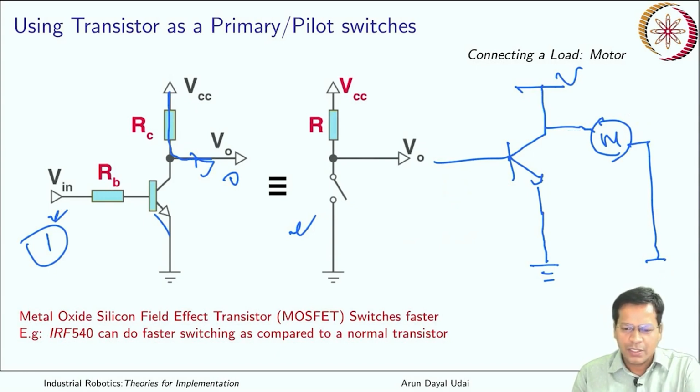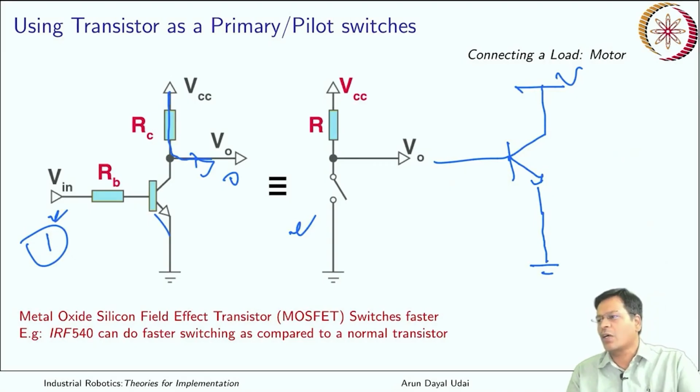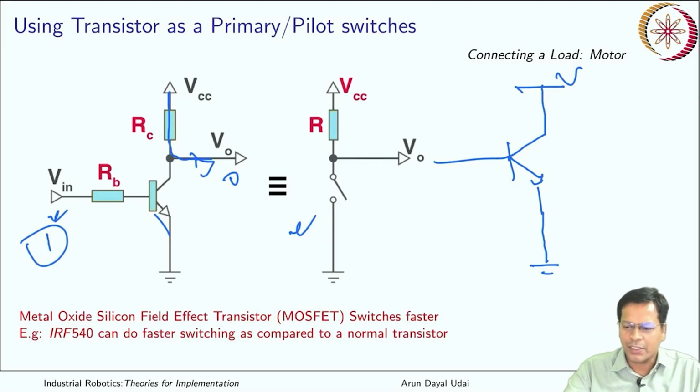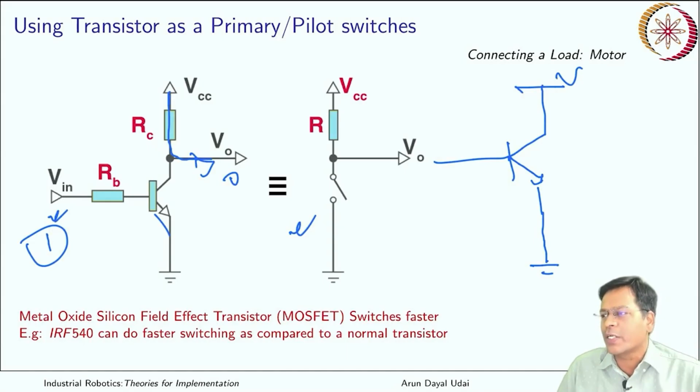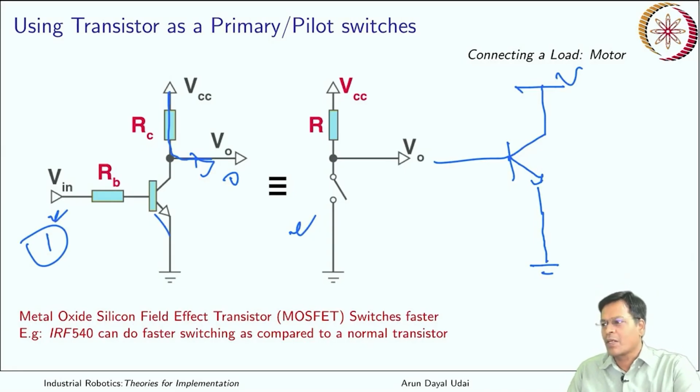So these are the two methods of controlling a DC motor using a standard transistor. But then there is another way of controlling this also. Instead of using a transistor as a switch, you can also use a MOSFET, that is the metal oxide silicon field effect transistor. FET switches are faster in response, and they can also carry a huge amount of current as compared to a normal transistor, right?